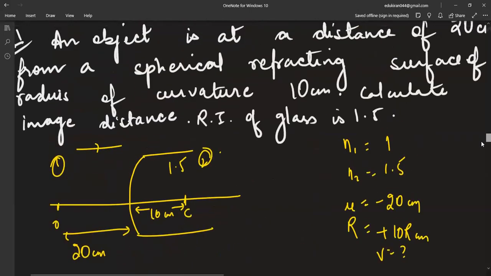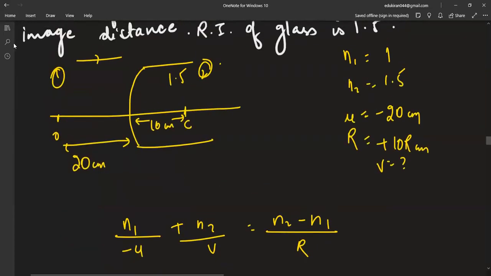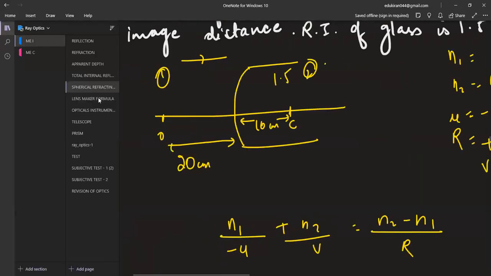Now we'll start with lens maker formula. Before that, we'll properly start with the lenses. Lens we didn't discuss, no? Lens we'll start. First, we'll do the lens.